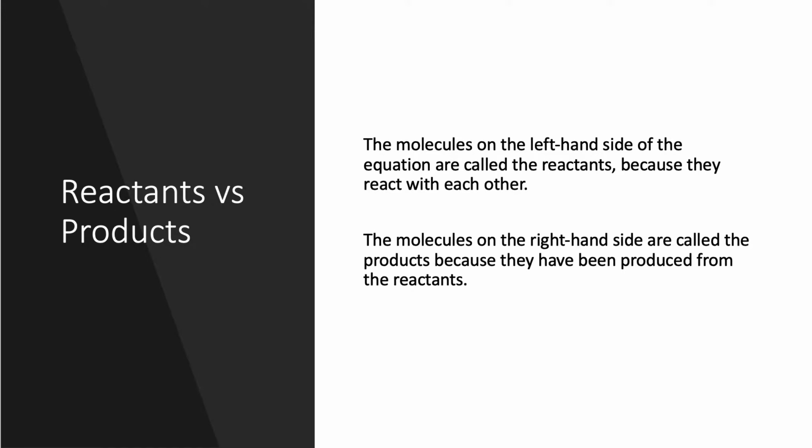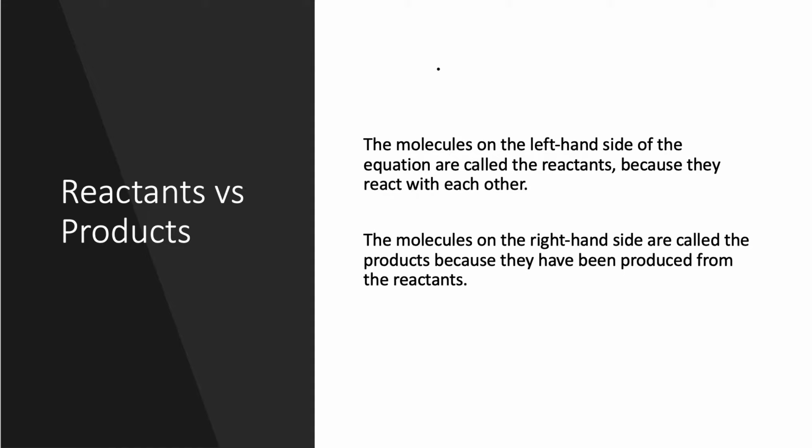So reactants and products. The molecules which are on the left hand side of the equation are called the reactants because they're the ones that react with each other, and the molecules on the right hand side are called the products because they've been produced from the reactants.